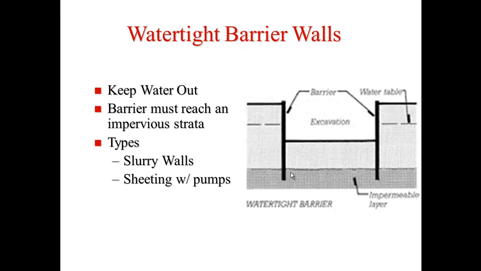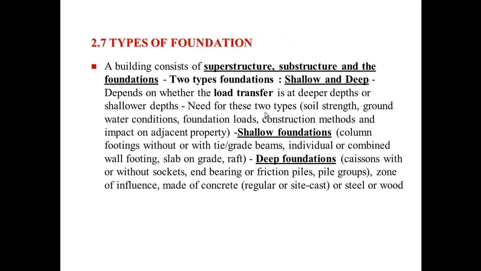Types could be a slurry wall or sheeting with pumps, and it must resist hydrostatic pressure. With a lot of water on the outside of this foundation wall, there's a lot of pressure increase, because it almost becomes like a live horizontal load that wants to push those walls in. So that needs to be taken into consideration also.